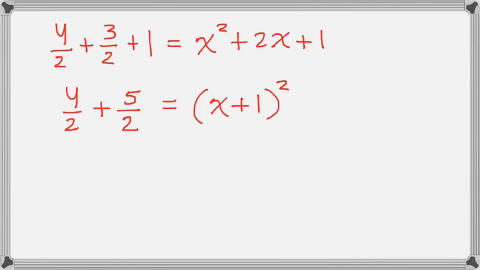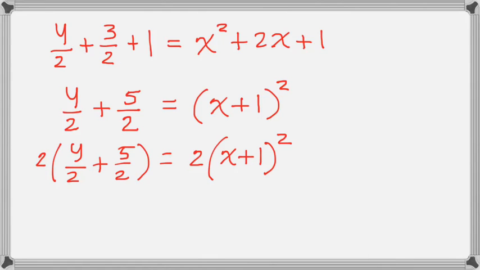Okay, so now we still need to solve for y. So let's multiply everything by 2 to get rid of our denominators on the left-hand side. If we multiply the left side of the equation by 2, we have to multiply the right side of the equation by 2. Okay, so let's not forget that. On the left side, the 2 distributes in.